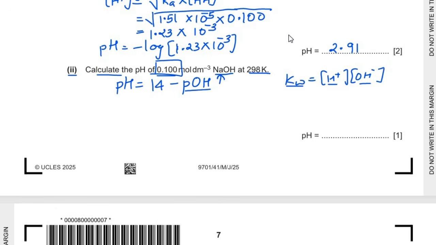We can do directly this one also, where it is 14 minus log of hydroxide ion. So that also can be done.